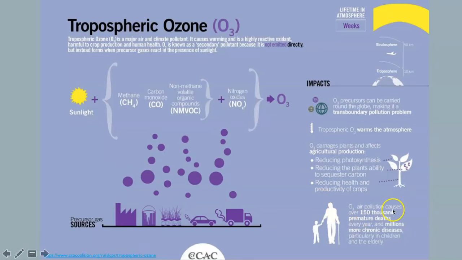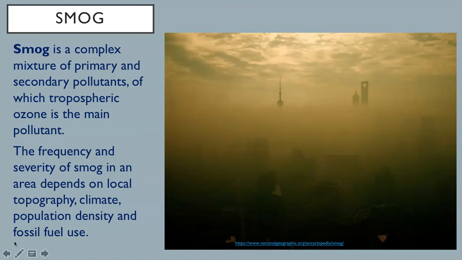Tropospheric ozone also causes over 150,000 premature deaths every year and millions more chronic diseases, particularly in children and the elderly. And so you can see how tropospheric ozone gets its name, bad ozone. Smog is a complex mixture of primary and secondary pollutants, of which tropospheric ozone is the main pollutant.